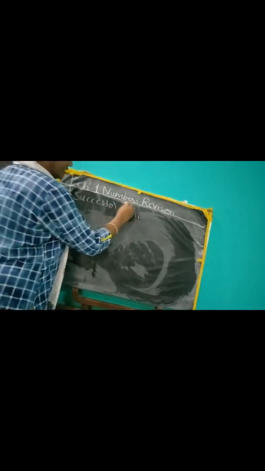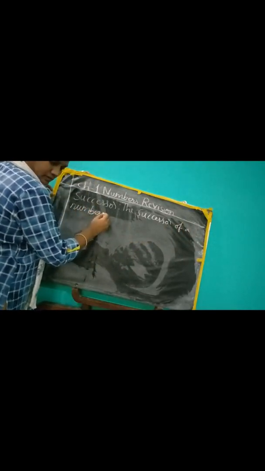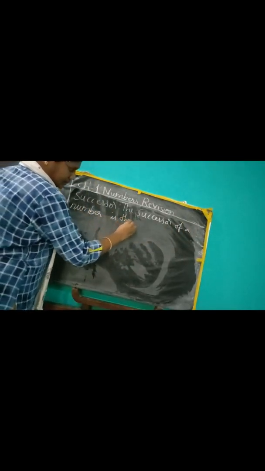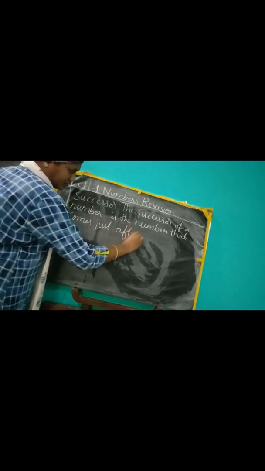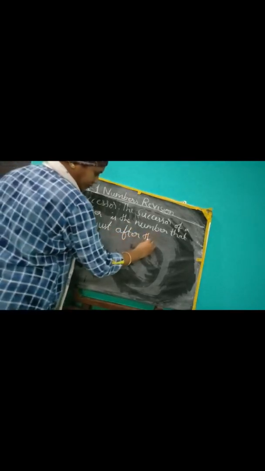What is meant by successor, children? The successor of a number is the number that comes just after the given number.